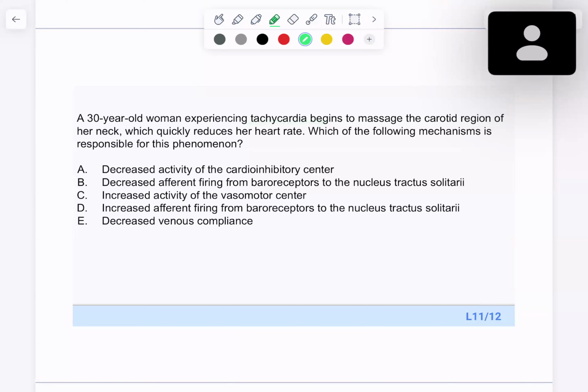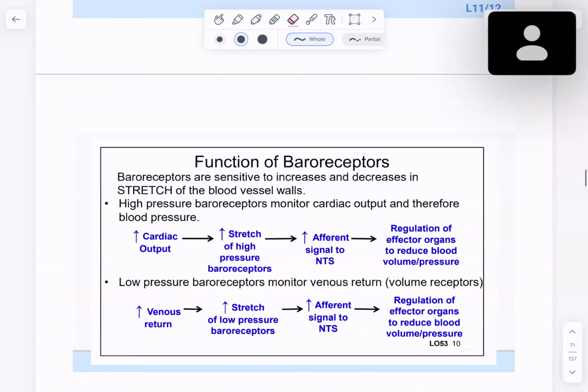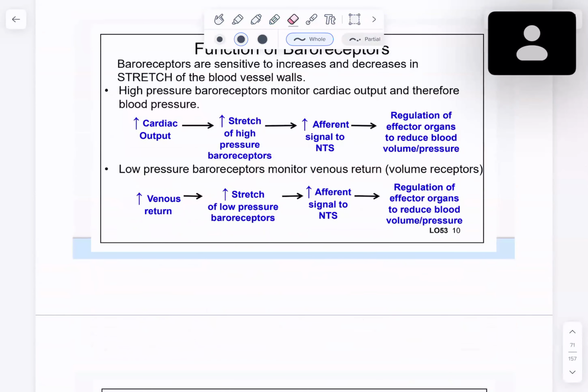D. Excellent. So what's happening here is that when you massage your carotid region, you are stimulating the baroreceptors. When you stimulate them, they will increase firing to the nucleus tractus solitarius. Once you increase firing to the nucleus tractus solitarius, it will slow down your heart rate and there will be increased parasympathetic stimulation.